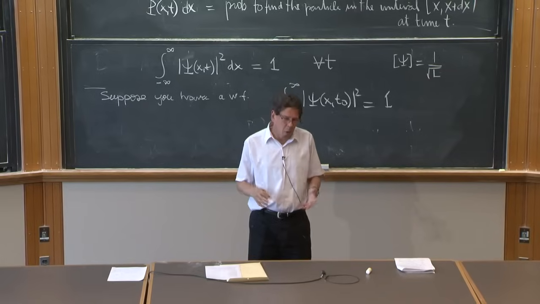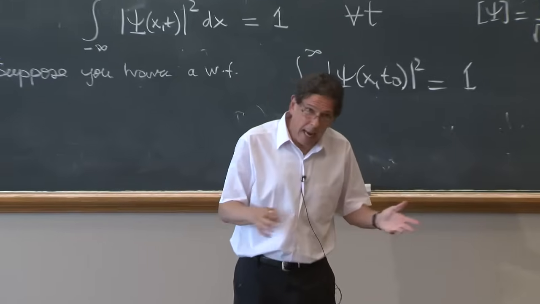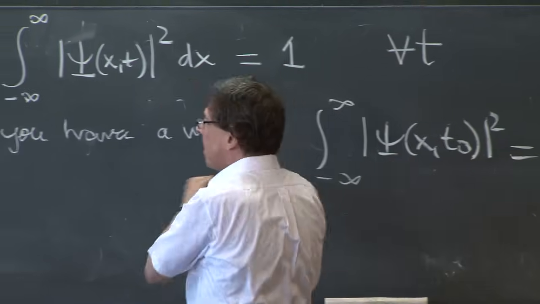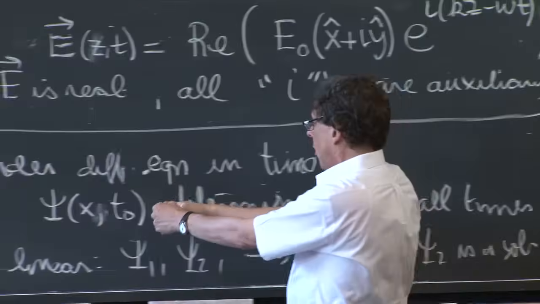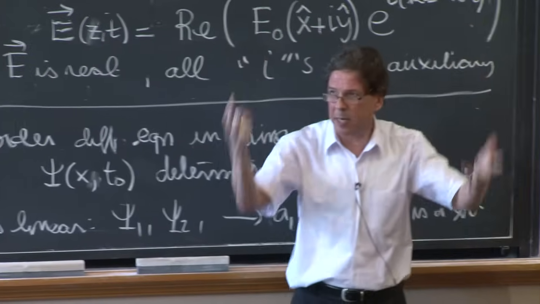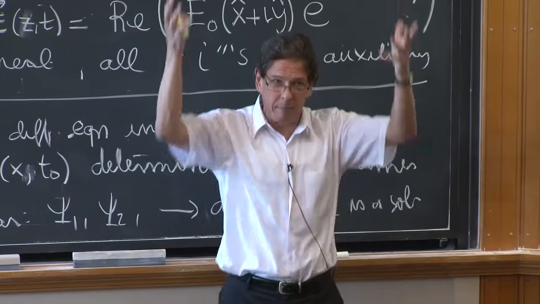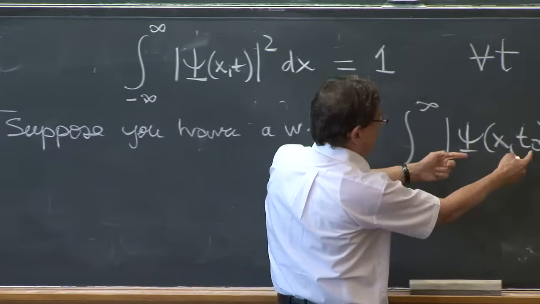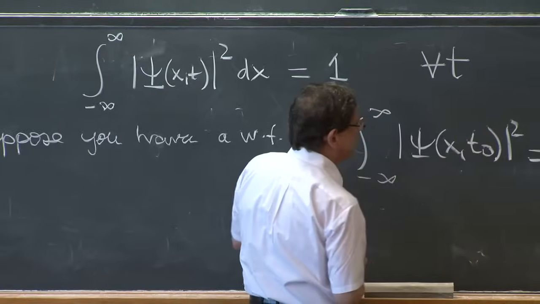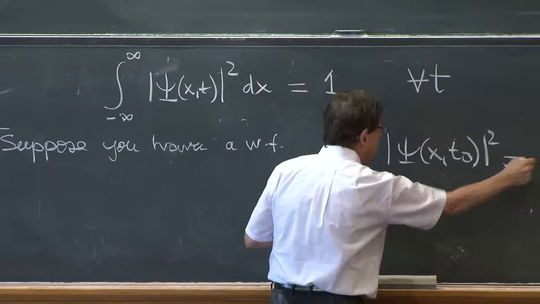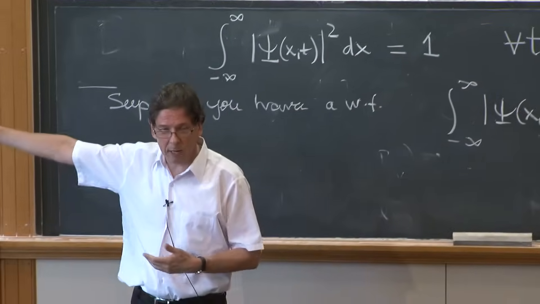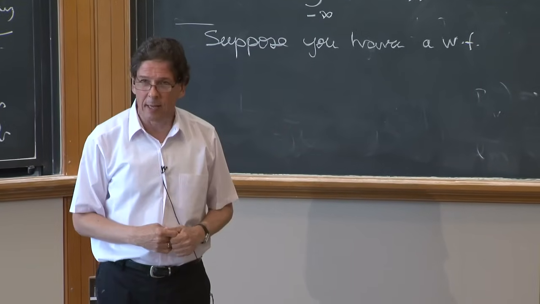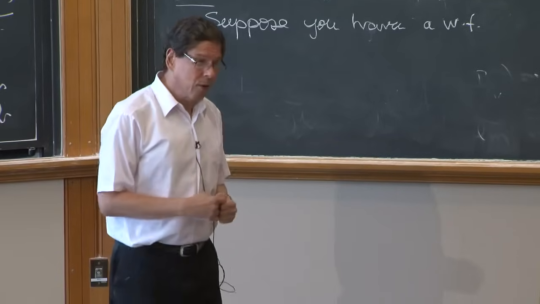Now, you'll say, well, why do you ask that? I ask that because actually this could be a problem. We've said that if you know the wave function all over space at one time, it's determined everywhere at any time later. Therefore, if I know the wave function at time t0 is a good wave function, am I guaranteed that when I solve the Schrodinger equation, the wave function will be normalized well later? Yes, you are.